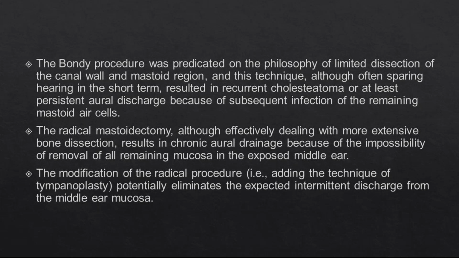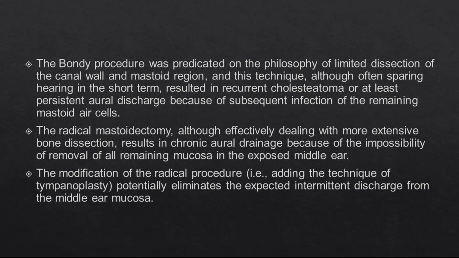Now, the difference between modified radical and radical mastoidectomy: both are canal wall down, there is no argument. But in radical mastoidectomy, the remnant tympanic membrane is removed, number two, no hearing reconstruction is done, and the eustachian tube is permanently closed off.